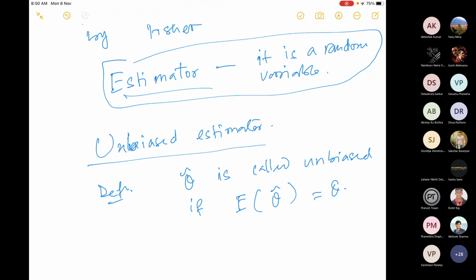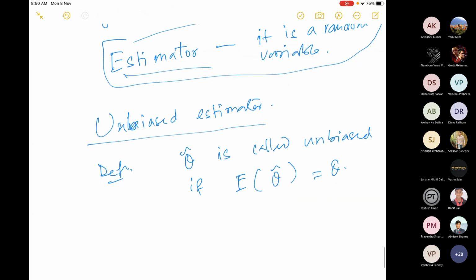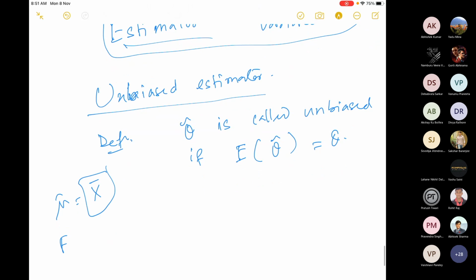Meaning whatever statistic I get for the estimator, say mu hat is x bar for the normal, or theta hat is 2 times x bar for the uniform, this is a random variable, and its expected value should theoretically be the parameter, mu.